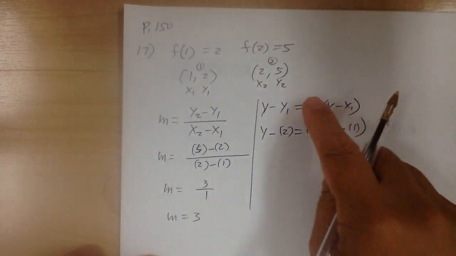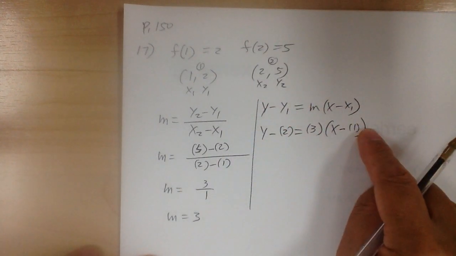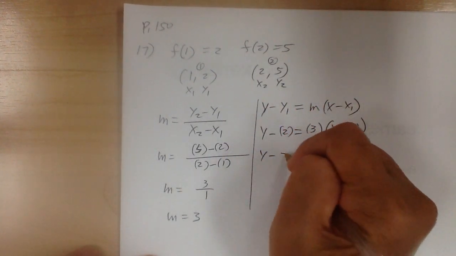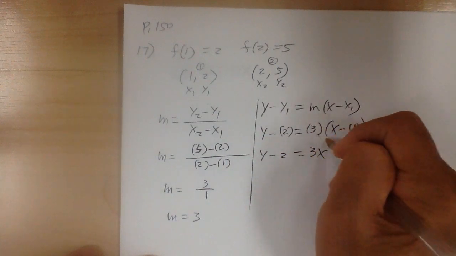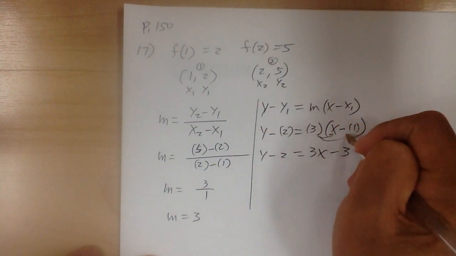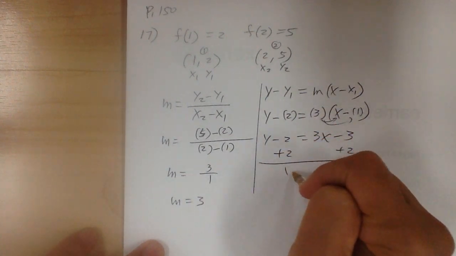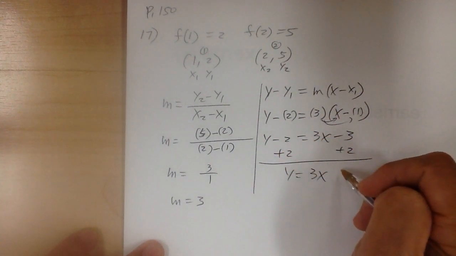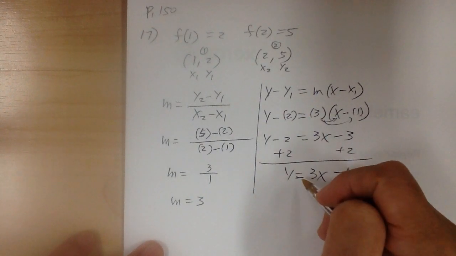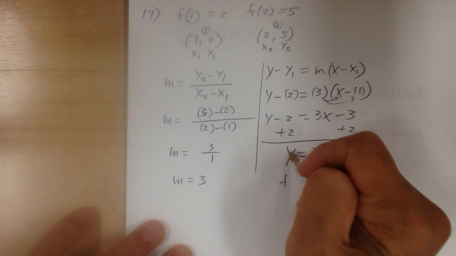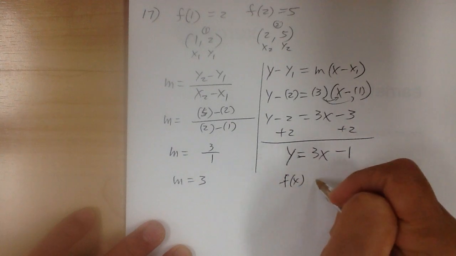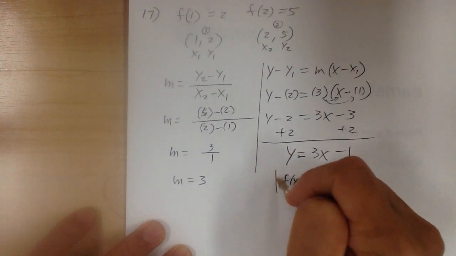Again, write down the formula, substitute everything, then you go and work it out. So you got 3x minus 3, right? Distribute, and plus 2 on both sides. So you got y equal to 3x minus 1. So your f of x is equal to 3x minus 1.